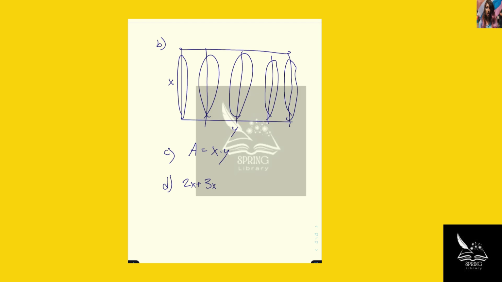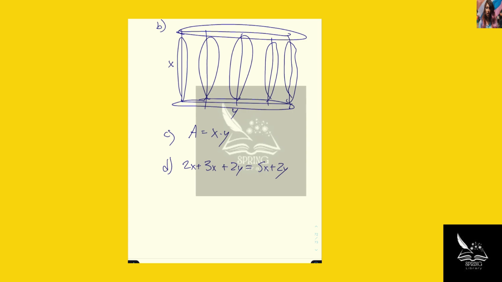And then we have 2y right here and right here. So plus 2y is going to equal 5x plus 2y. And we know that 5x plus 2y is going to equal 750 because that is the amount of fencing that we have.